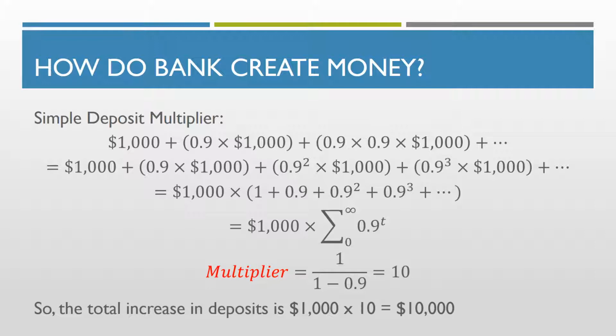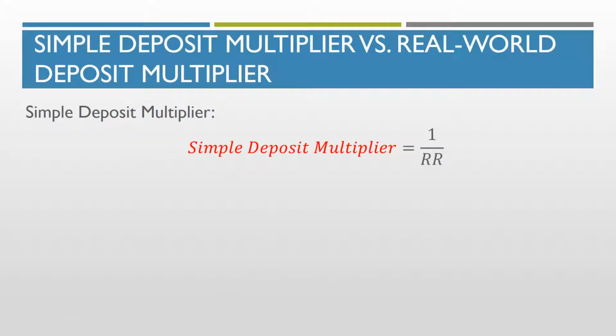So the total increase in deposits will be $1,000 times 10 in this case, which means for that extra $1,000 of new money that goes into the bank system, the banks will keep loaning to end up creating $10,000 worth of money. This simple multiplier can also be rewritten in the following form.